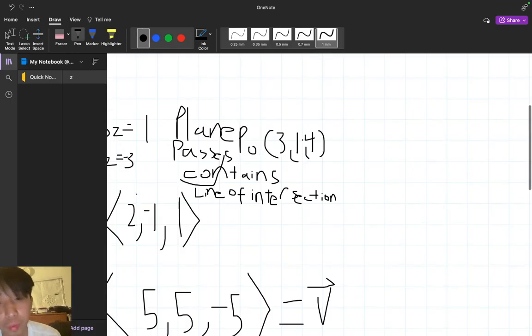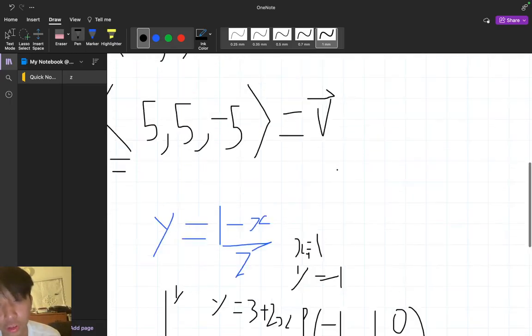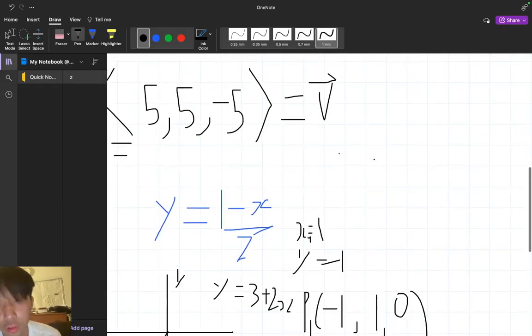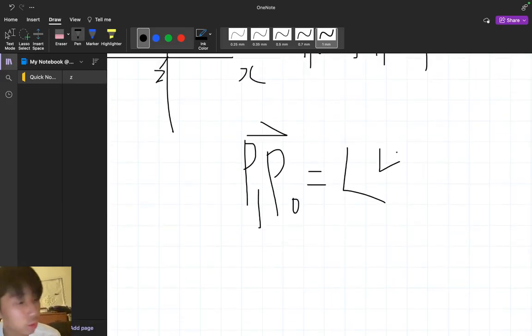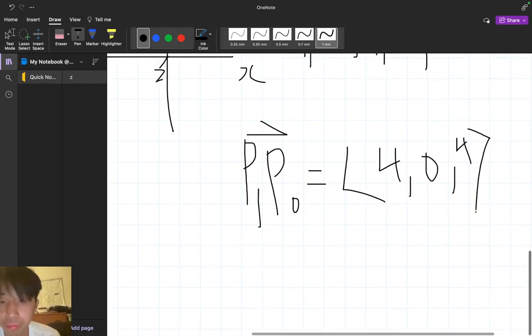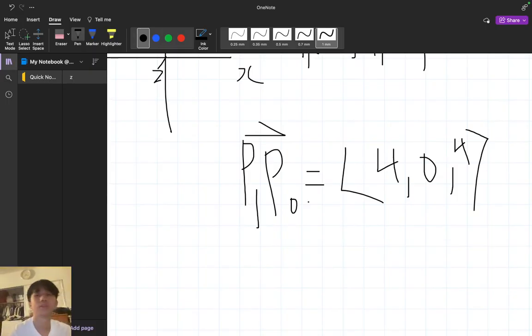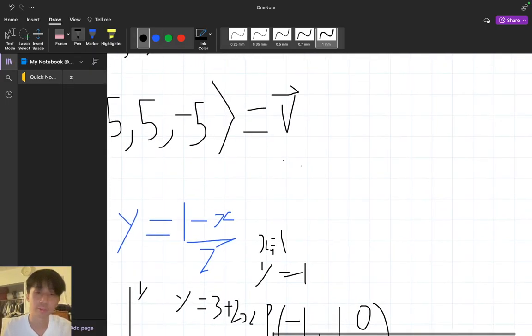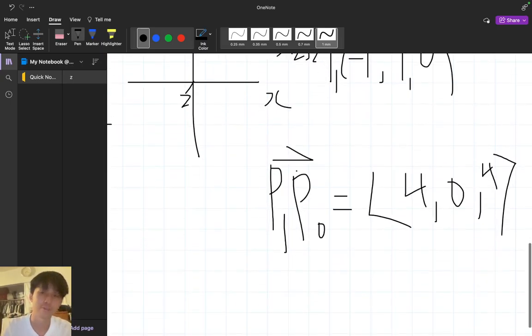Then this would be 3 minus negative 1, which is 4. 1 minus 1, 0. 4 minus 0 is 4, so it's 4, 0, 4. And we'll do the cross product of 4, 0, 4 with v, 5, 5, negative 5.